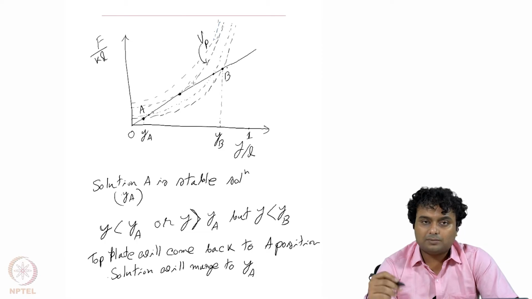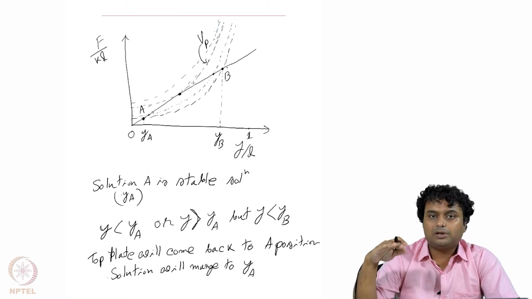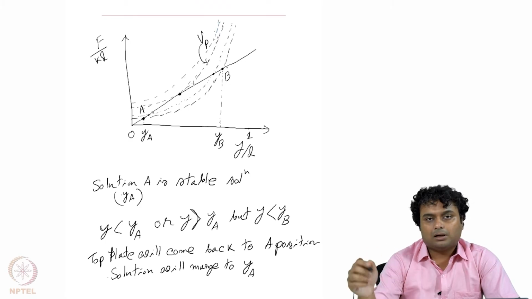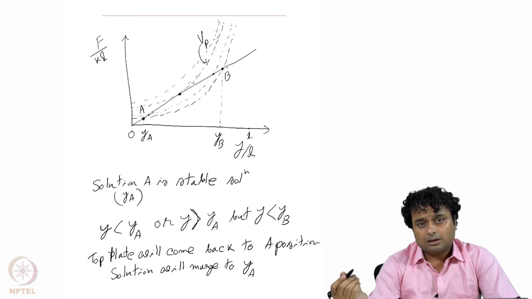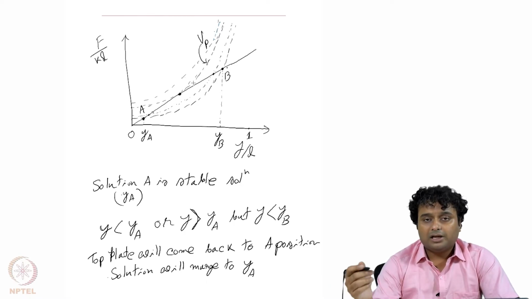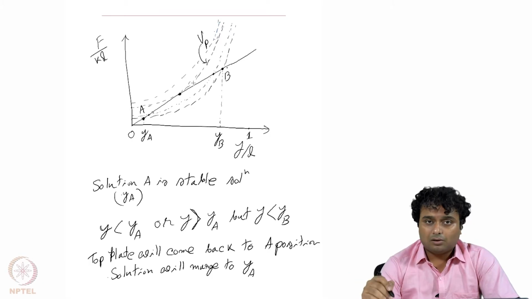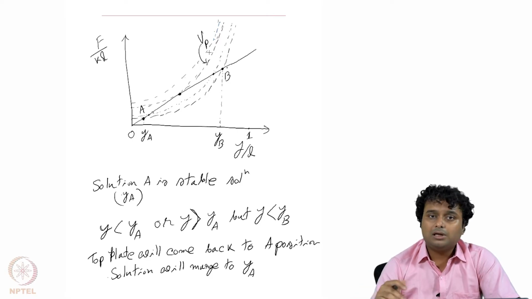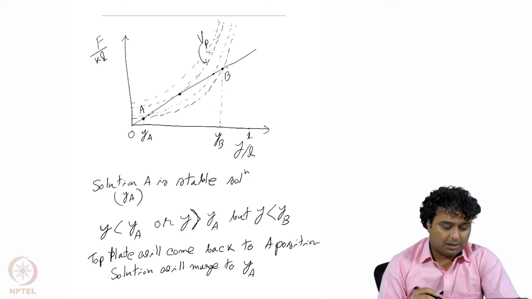So once the top plate gets pulled in and attracted towards the plate B and starts moving, there is no point where the mechanical force can be higher than the electrostatic force. In that case it will always snap in. So the electrostatic force minus the mechanical force should be less than 0. The mechanical force should be higher, then only can it pull the beam up.